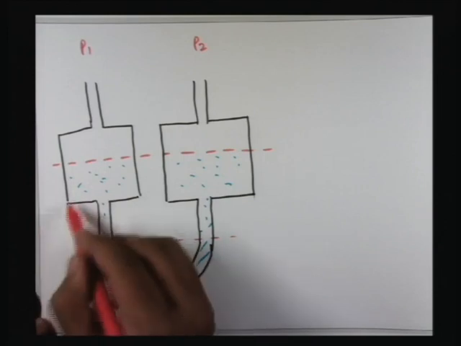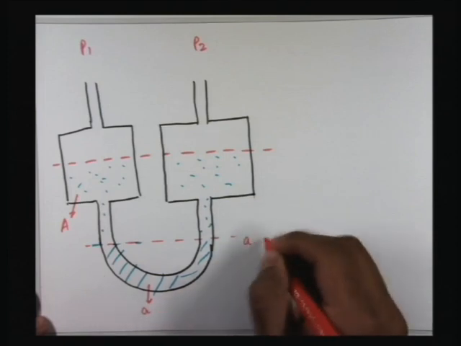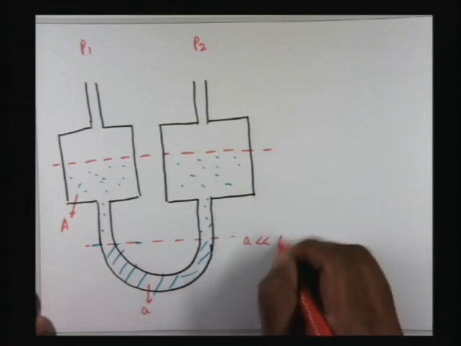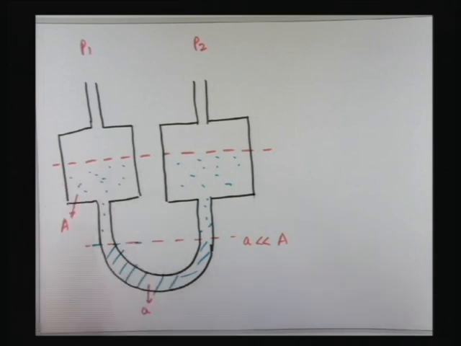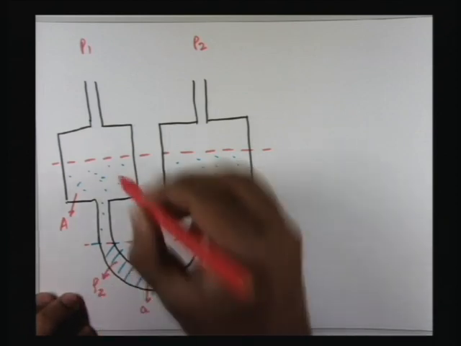So this vessel has an area capital A and this tube has an area small a. It is given that small a is much smaller than the reservoir area. So in case of equilibrium, all the levels are the same, the hatched is ρ2 and the dotted is ρ1.